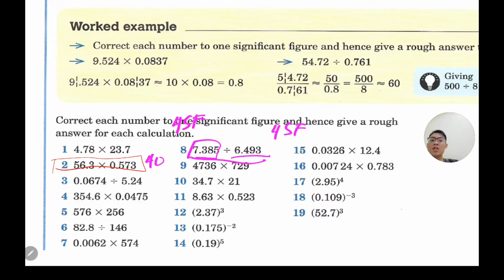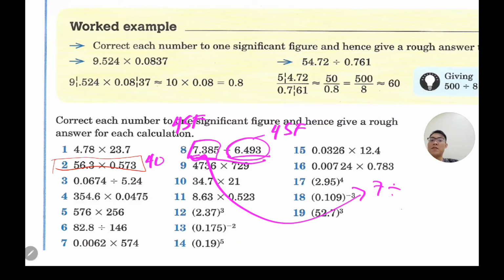Okay, so your 7.385 becomes 7 only, because the first significant figure is 7, the next number is 3, which is less than 5, so that stays 7, and the rest becomes 0. So we have 7, correct, for this one. Next, divided by this.